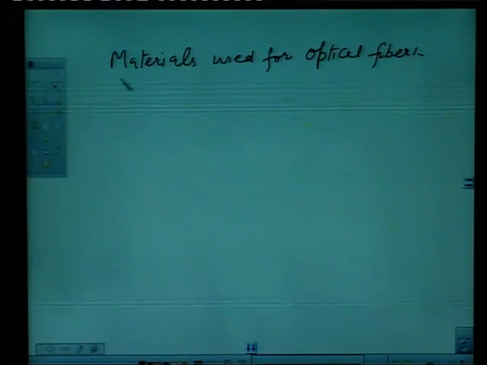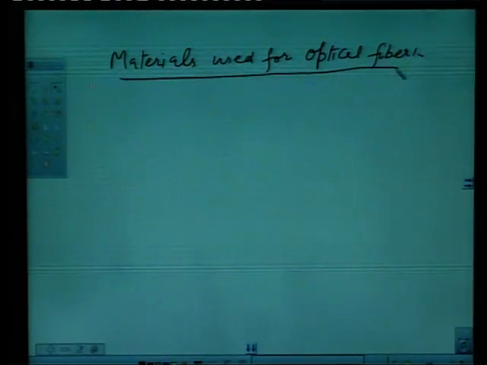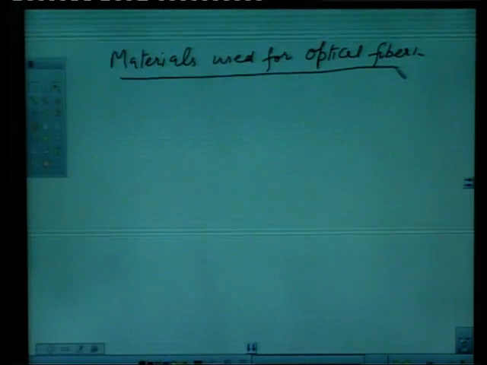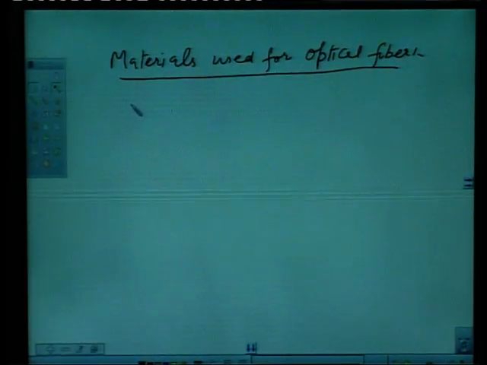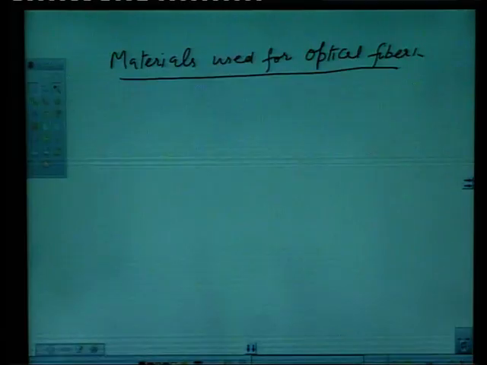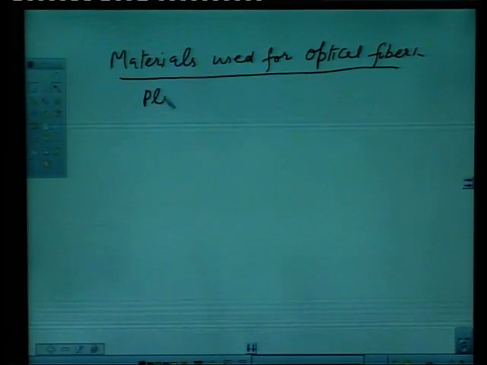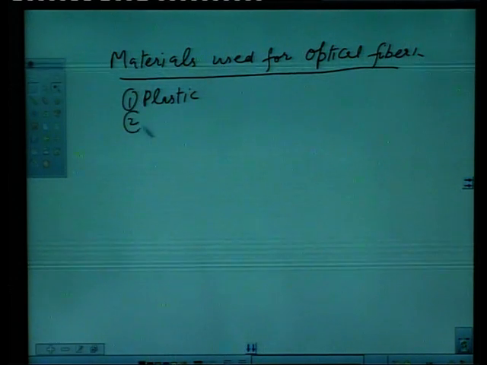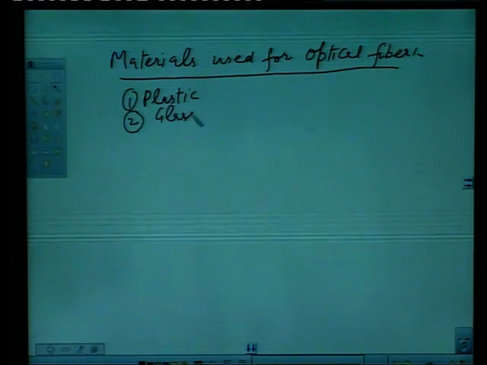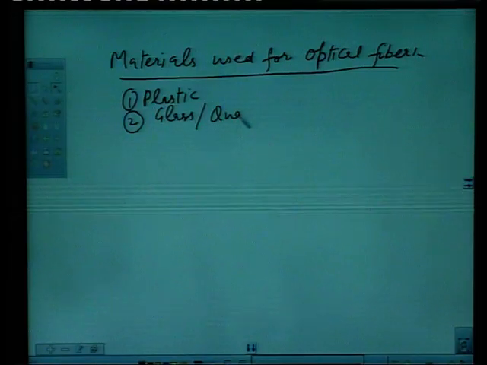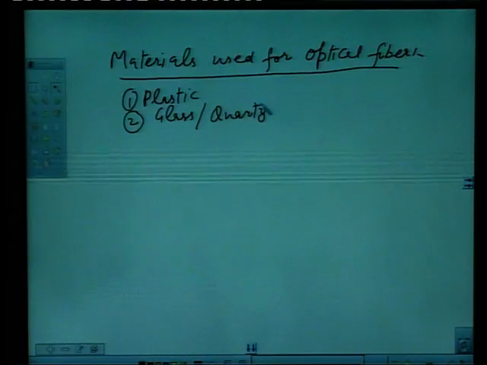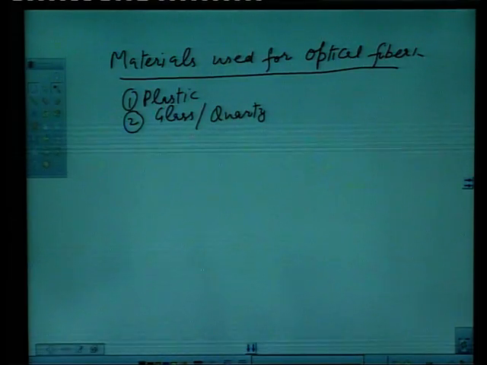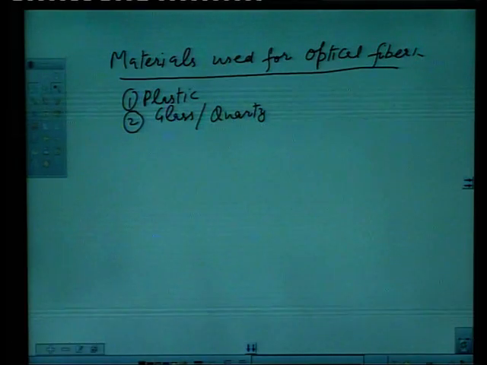Basically there are two types of materials used, either plastic or glass or quartz. We can take their combination.